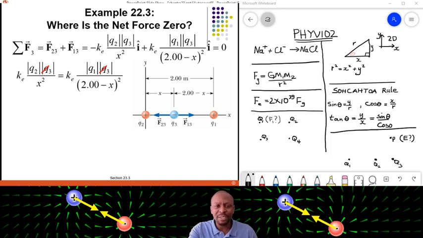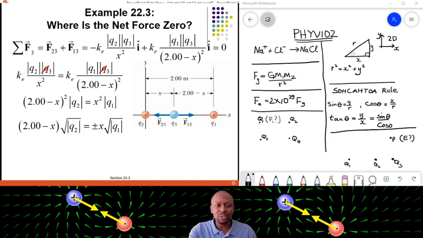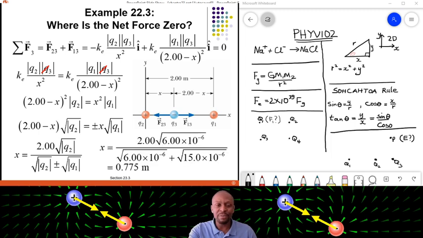Rearranging the equation, this is what you are going to have. And when you solve for x and plug in the values, you are just going to get x as 0.775 meters. Right.